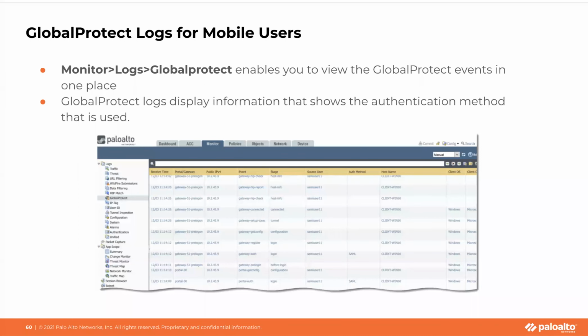GP logs help you to monitor and troubleshoot issues with your GP deployment. These logs display information that shows what authentication method you're using, why it's failing, and all the information you can see here.